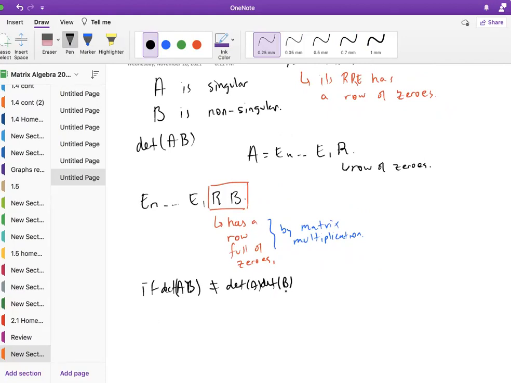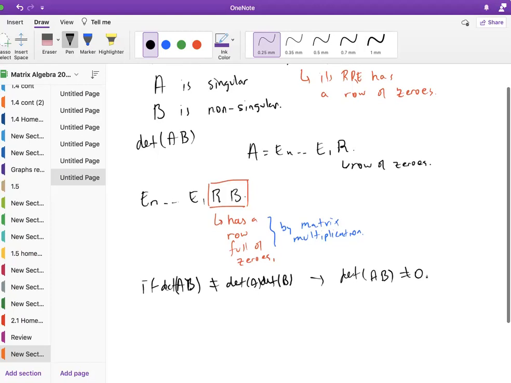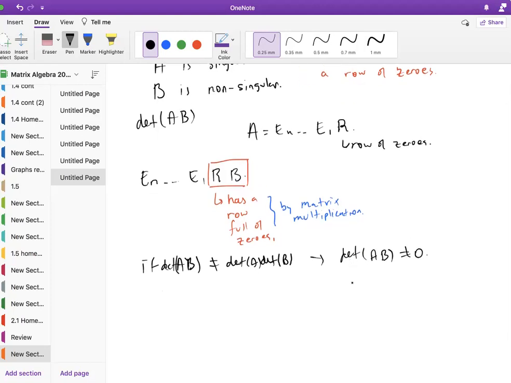Zero. So if we're saying that the determinant of the product is not the product of determinants, that would imply that the determinant of AB is not equal to zero, right? So if it's not equal to zero, it's non-singular, right? So we're doing a contradiction, so suppose AB is non-singular.